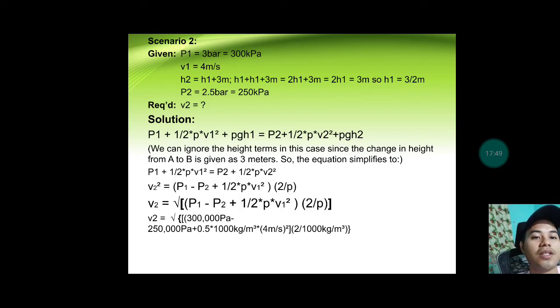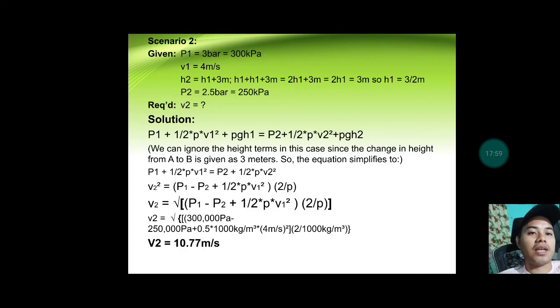Okay, if you use your calculator, your answer will be V2 equals 10.77 meters per second.